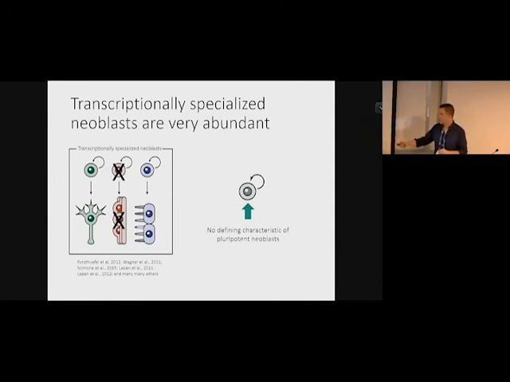So we know that this exists, we know how to functionally analyze them, but we don't have any characteristic for a pluripotent stem cell. That was a big question in the community: what is the characteristic of those pluripotent stem cells?